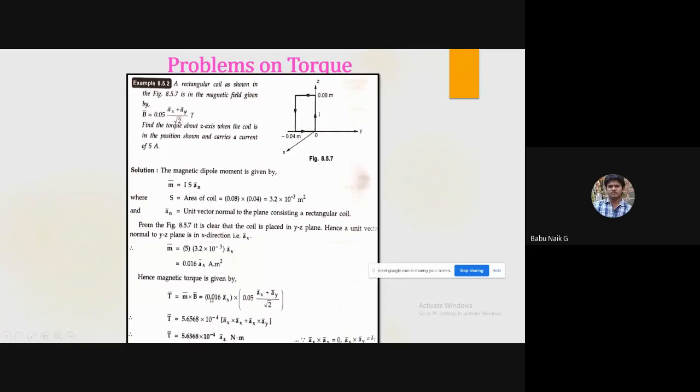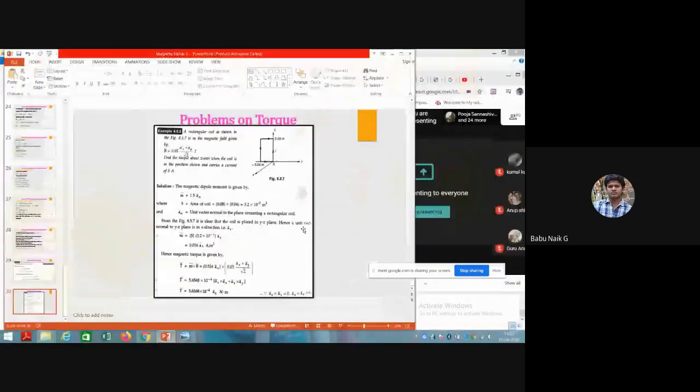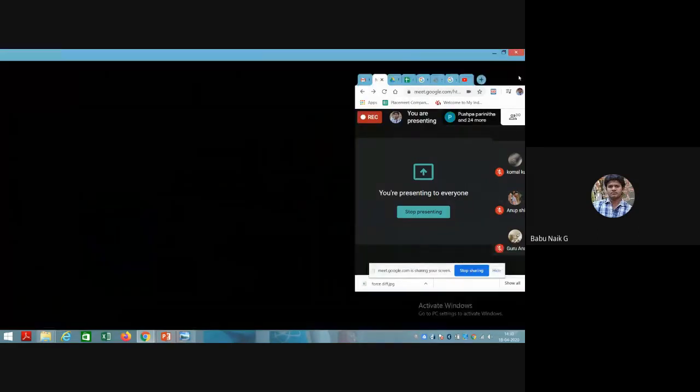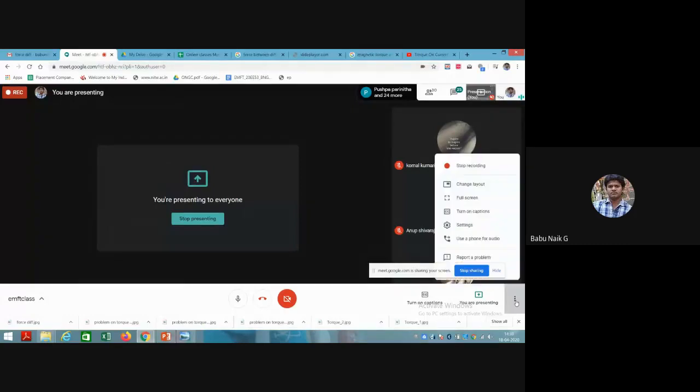After multiplying all the constants, we get the torque as 5.6568 into 10⁻⁴ along the a cap z direction, and the unit is Newton meter. This type of problem may be given in the exam, and this problem is very simple, not that complicated. Do you have any doubt?